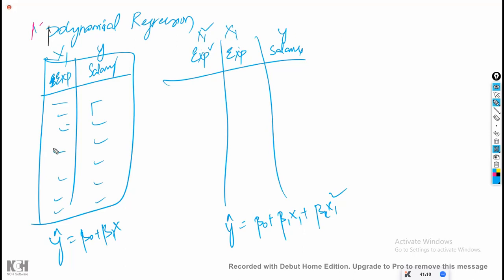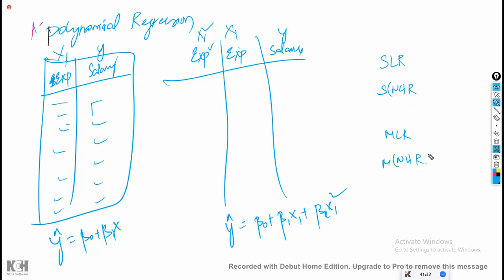If you are having two or three variables, it is multiple linear regression and multiple non-linear regression. Multiple data means multiple, single means single.